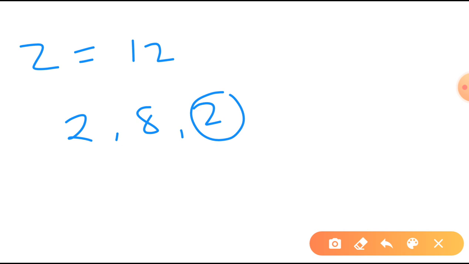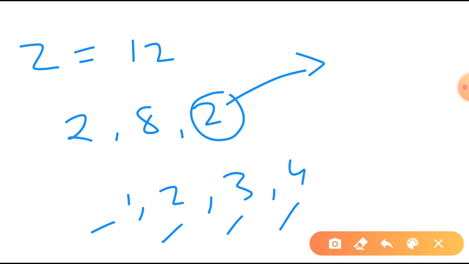If any element has valence electrons 1, 2, 3 or 4, then the valency of that element is the same, 1, 2, 3 and 4. Magnesium will lose 2 electrons to make an octet because it is easier to lose 2 electrons than to ask for 6. So it must be clear that if you have 1, 2, 3 and 4 valence electrons, then the valency is the same respectively.